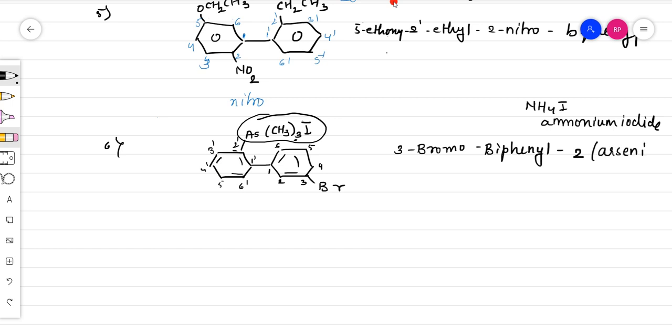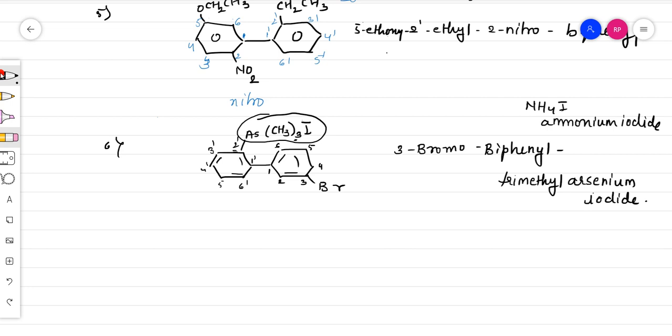Arsenium, what is it? Trimethyl arsenium iodide. Okay, so this is trimethyl arsenium iodide 3 bromo biphenyl.